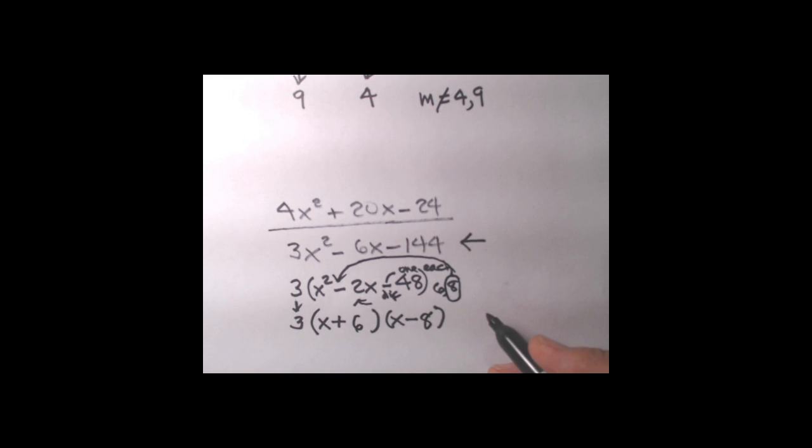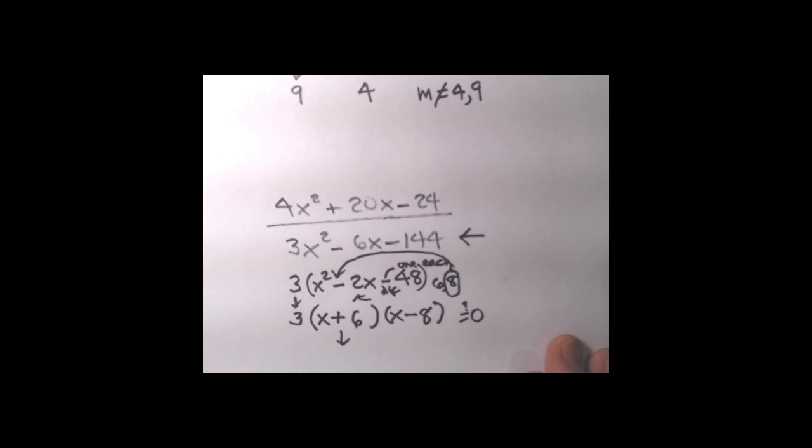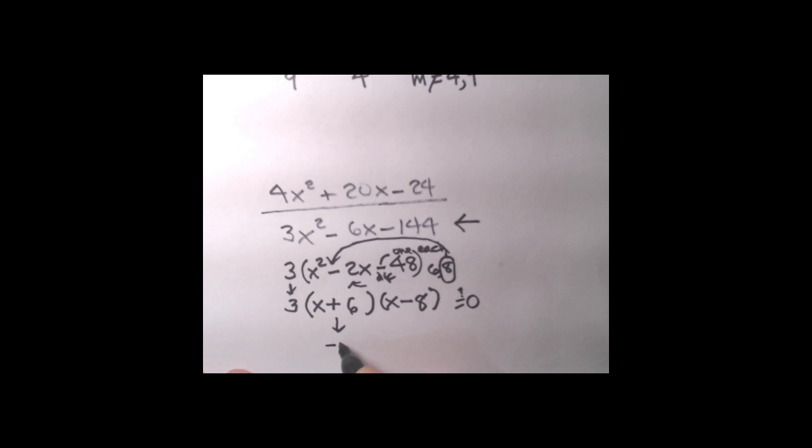Once again, what we're doing here is trying to figure out what values of the variable make either of these 0. Right here, if x is negative 6, that will make it 0. Negative 6 plus 6, 0. So that would be a bad value, an excluded one. Right here, positive 8. 8 minus 8 is 0.